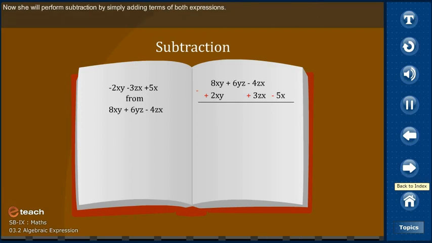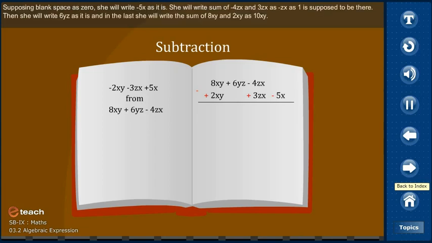Now she will perform subtraction by simply adding terms of both the expressions. Supposing blank space as 0, she will write minus 5x as it is. She will write the sum of minus 4zx and 3zx as minus zx, as 1 is supposed to be there.